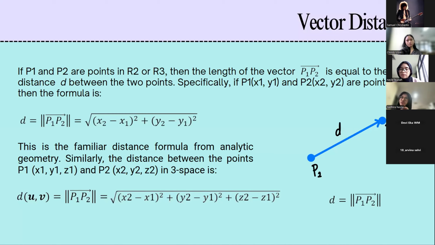Okay, next is vector distance. If P1 and P2 are points in two spaces or three spaces, then the length of the vector P1 P2 is equal to the distance d between the two points.